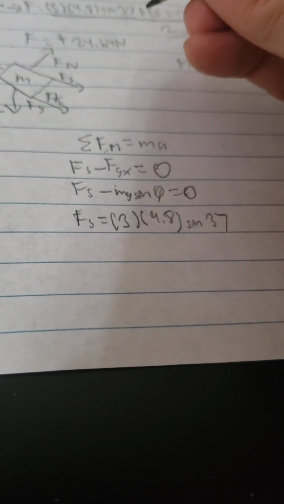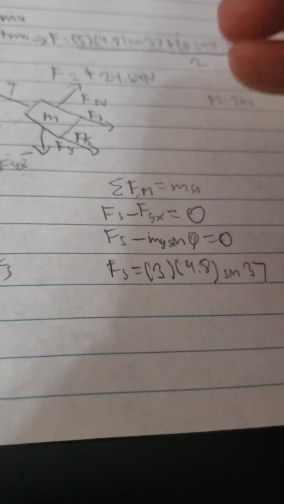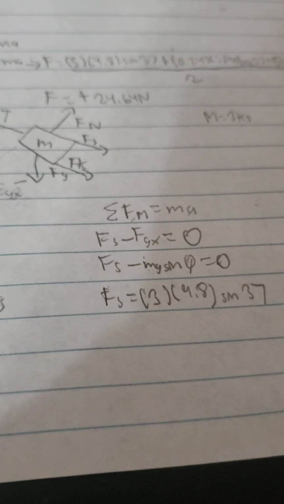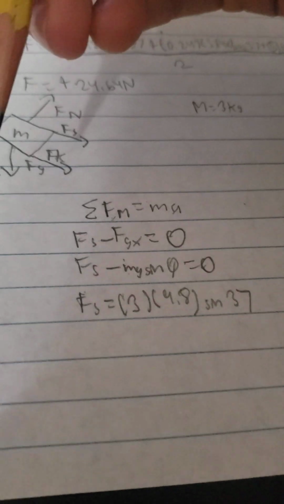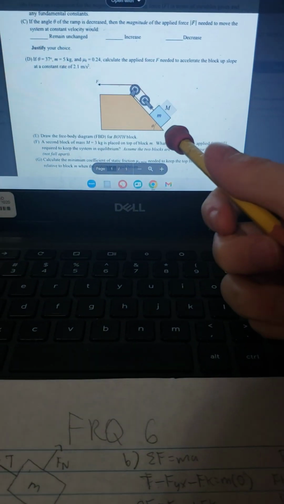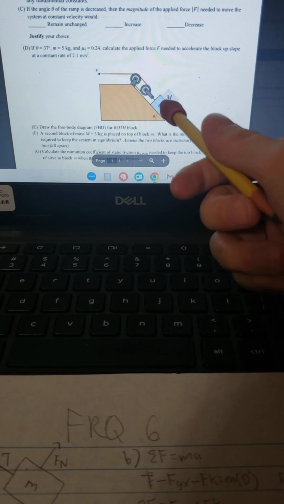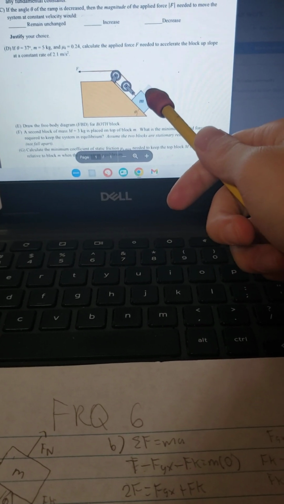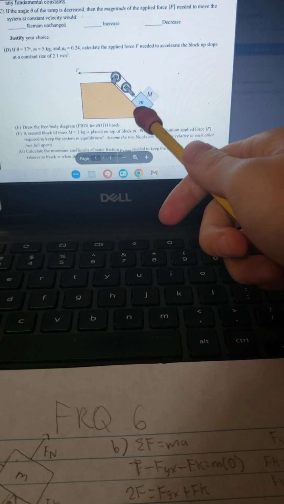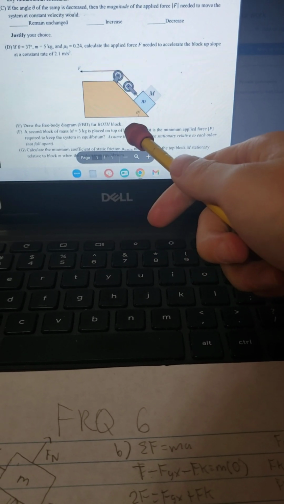So we assume f of s will be greater, and that makes sense too, because you need the static friction in order to get this top box to stick with this one, because it says assuming that it's not going to fall off.